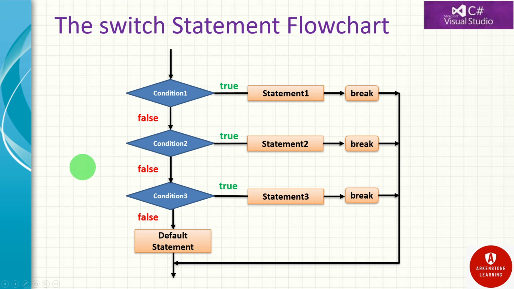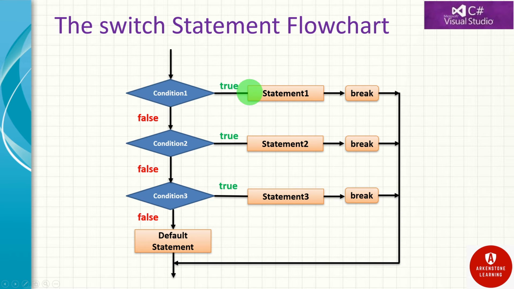So let's now look at the flowchart of the switch statement. We come into the switch statement. If condition 1 is true, then the set of statements 1 is executed, and then there is a break statement which will cause the control to shift to the end of the switch statement.